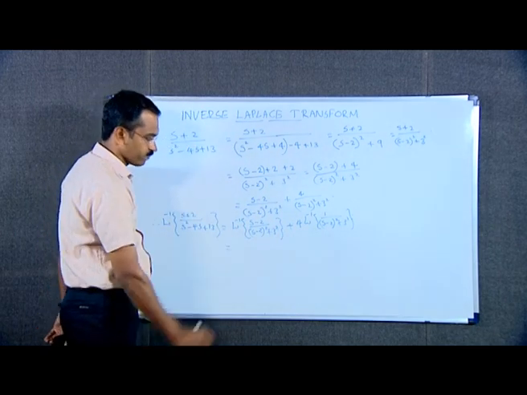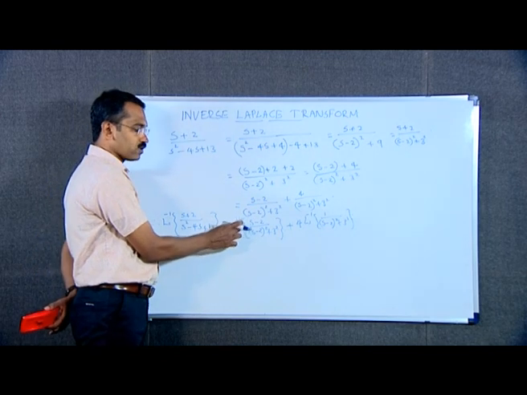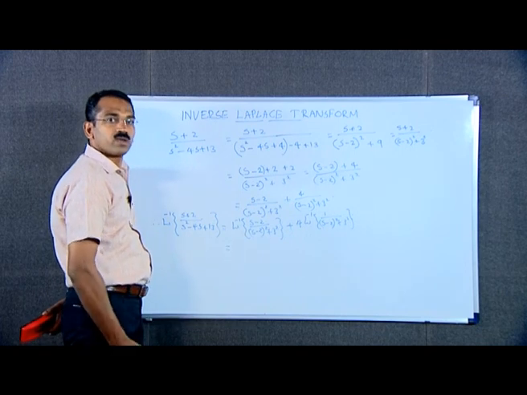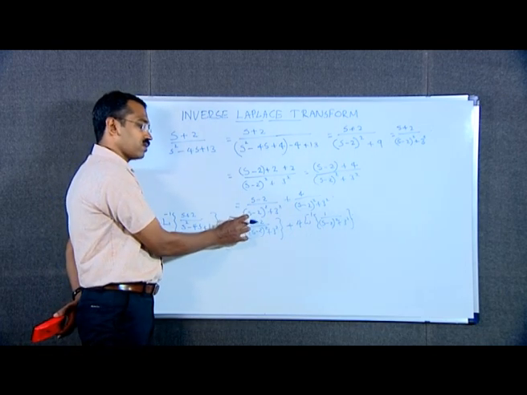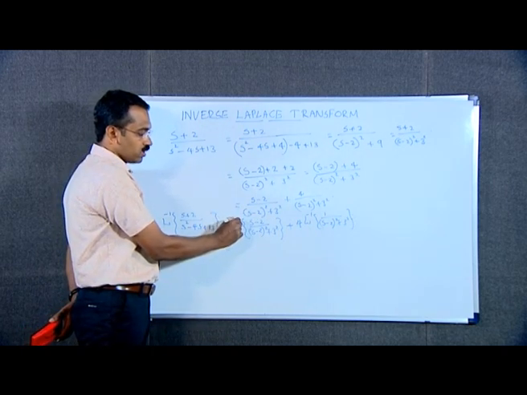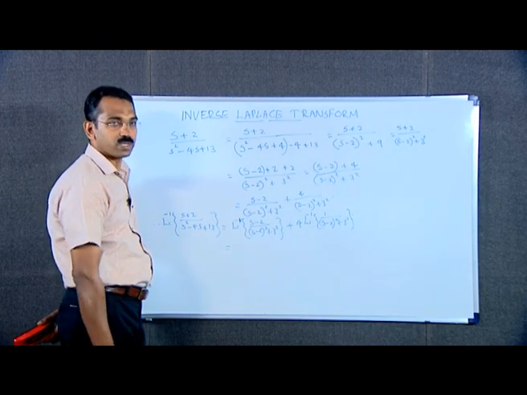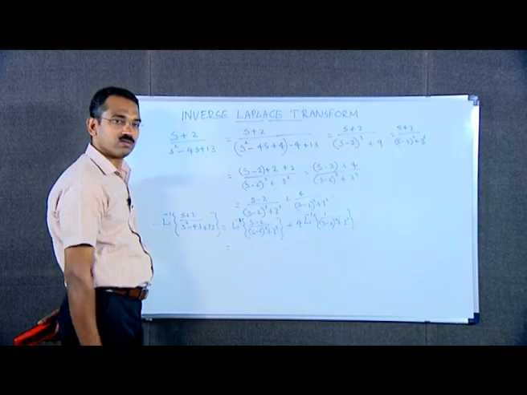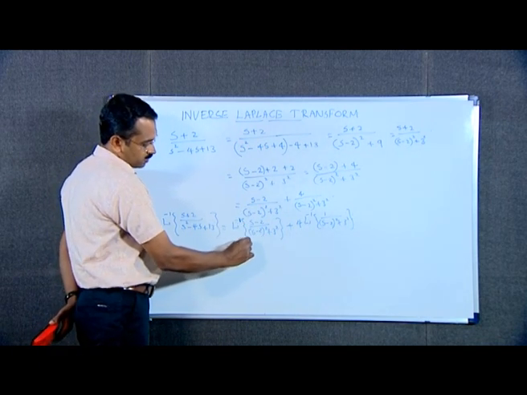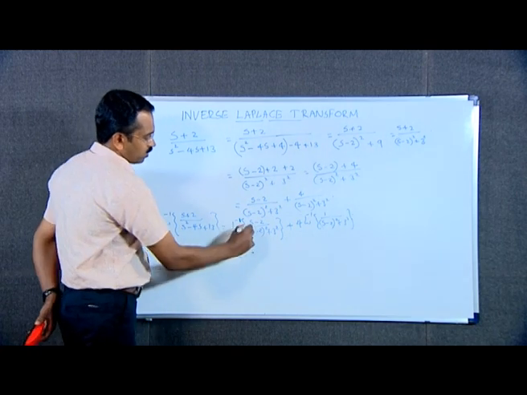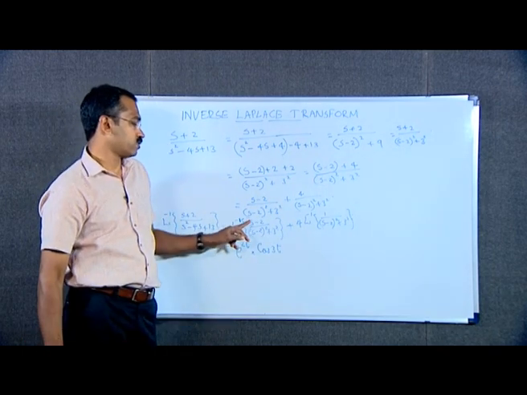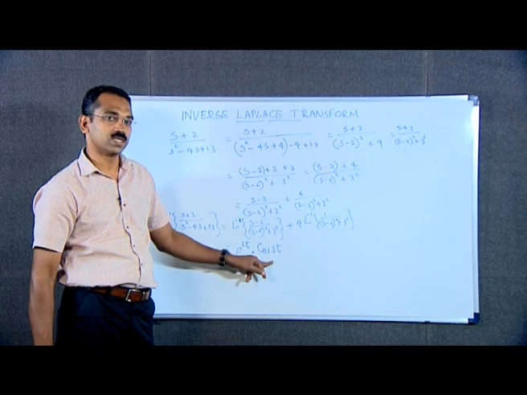This is equal to, we have L inverse of s by s square plus a square is cos at. Here instead of s, it is s minus 2. Therefore, we have to use the first shifting property for the inverse. We can write this inverse as e raised to 2t into cos 3t, because L inverse of s by s square plus 3 square is cos 3t.